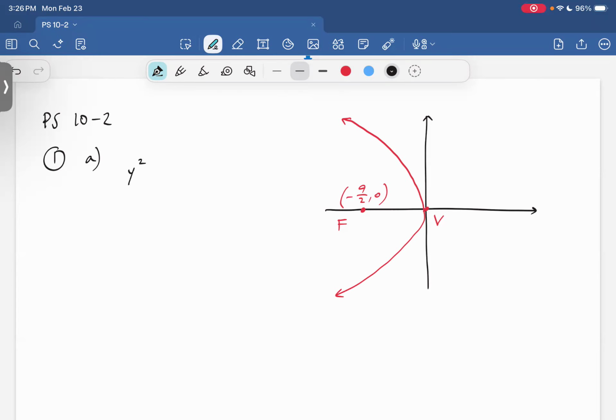H and k are both 0, so we have y² equals 4 times -9.5 x. The reason is because p equals -9.5, because p is the distance from the vertex to the focus. So our answer is y² equals -18x.